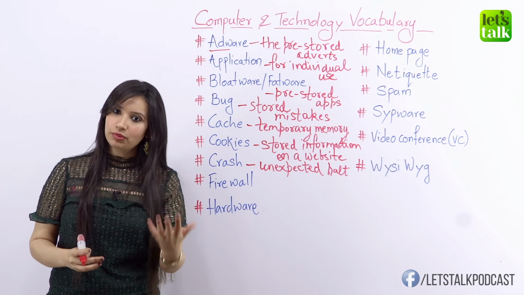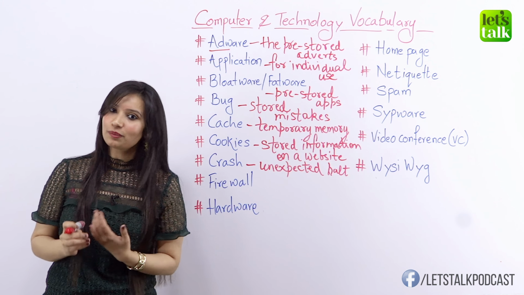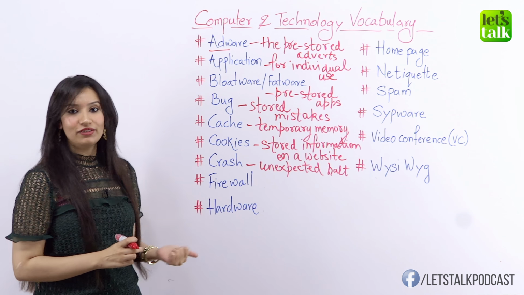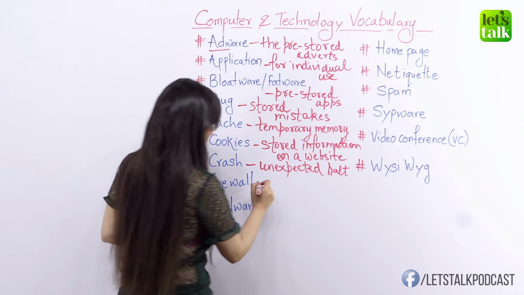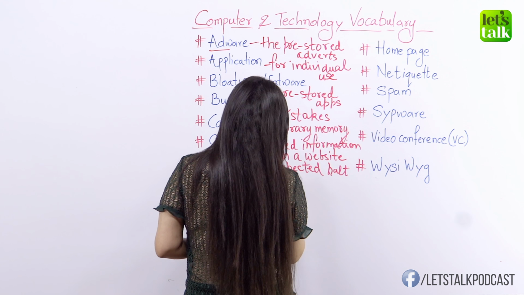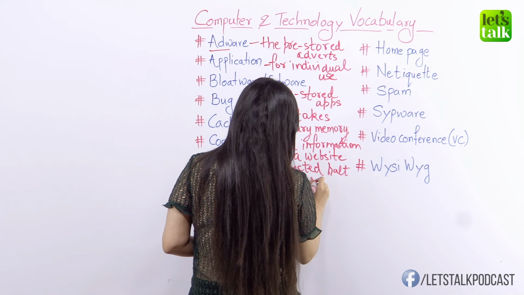But if you have installed a firewall in your network, there's a high possibility that your information will be safe and your device will not be hacked. So this prevents your device from being hacked. Prevention from hacking.